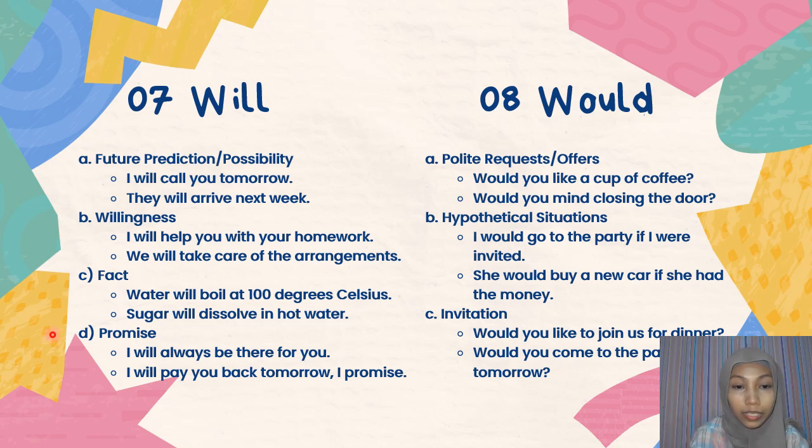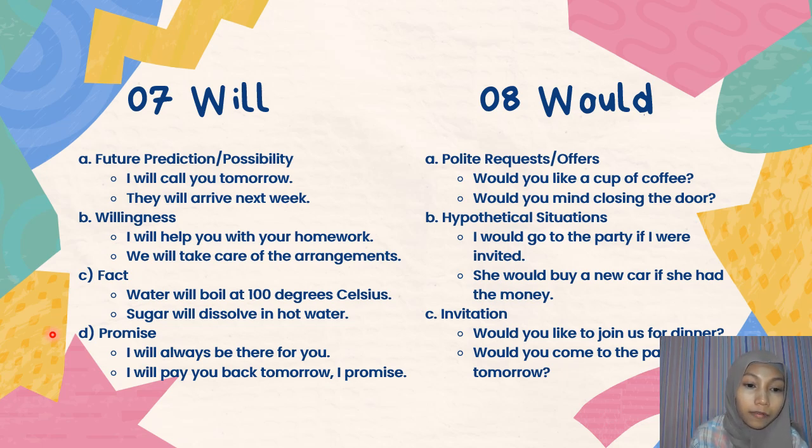The seventh is will. Future predictions or possibility. Will is used to express predictions about the future or upcoming events. For example, I will call you tomorrow. They will arrive next week. Next, willingness. Will is also used to express willingness or intention to do something. I will help you with your homework.